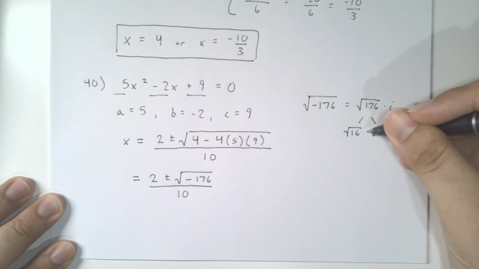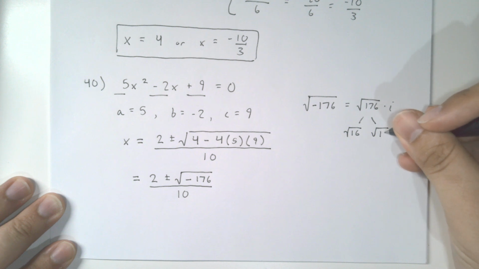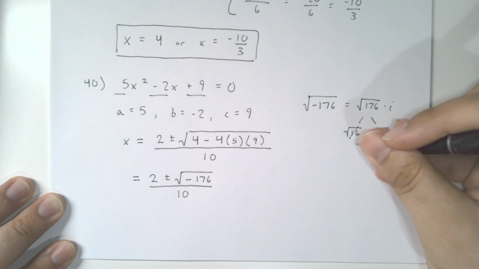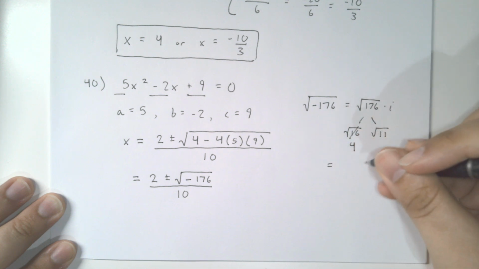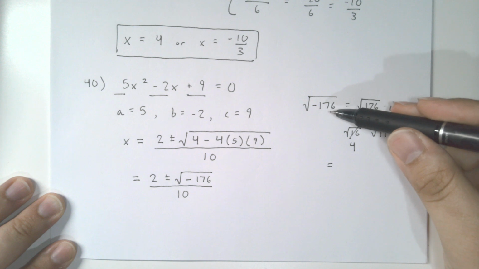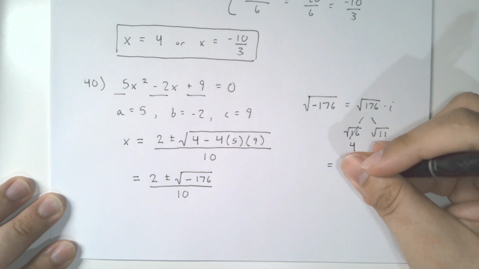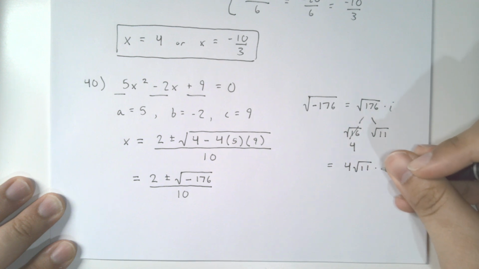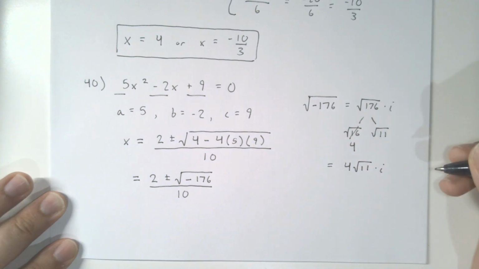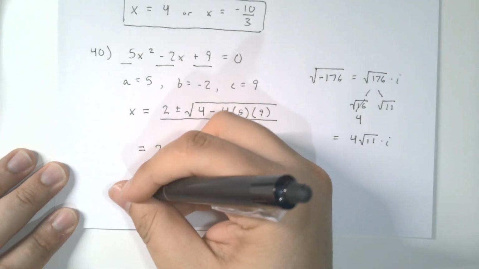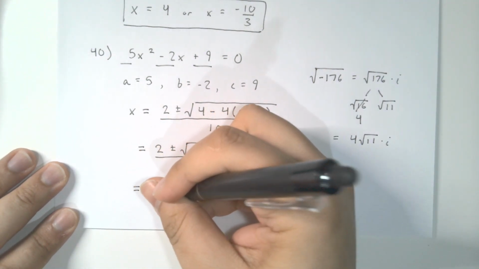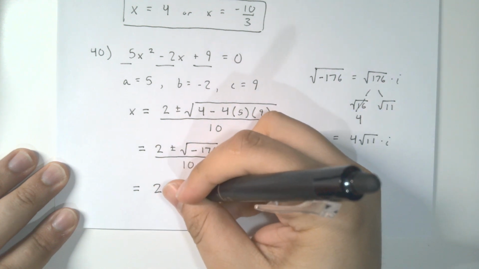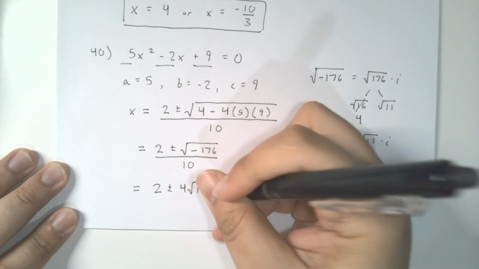So 176 divided by 16 is 11. And the square root of 16 is 4, which means that the square root of negative 176, when we put all this together, is 4 square root of 11 times i. So over here, we can now replace this with 2 plus or minus 4 square root of 11 times i.